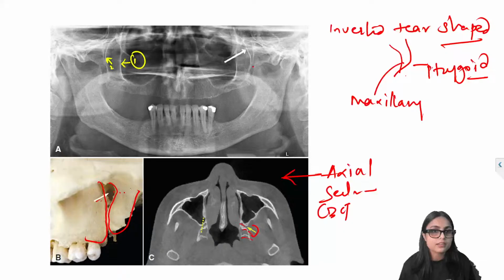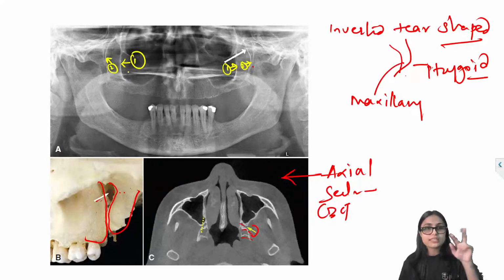Just beside the teardrop shape, that is the pterygomaxillary fissure, you have these two radiopaque lines bilaterally. Here also, this is the first and this is the second radiopaque line.